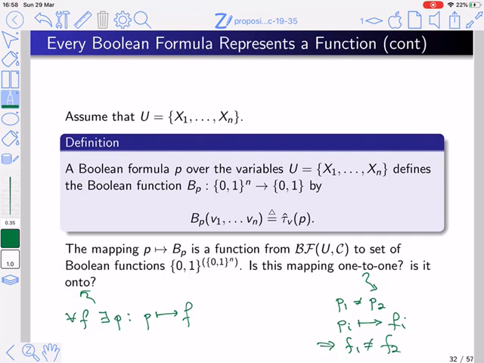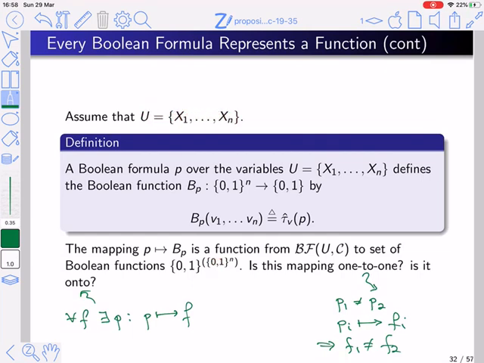Okay, now, what I did here is I described the mapping from Boolean formulas to Boolean functions. Now, these Boolean functions are defined over binary strings of n bits, if indeed my set of variables consists of x1 up to xn, if I have n variables.